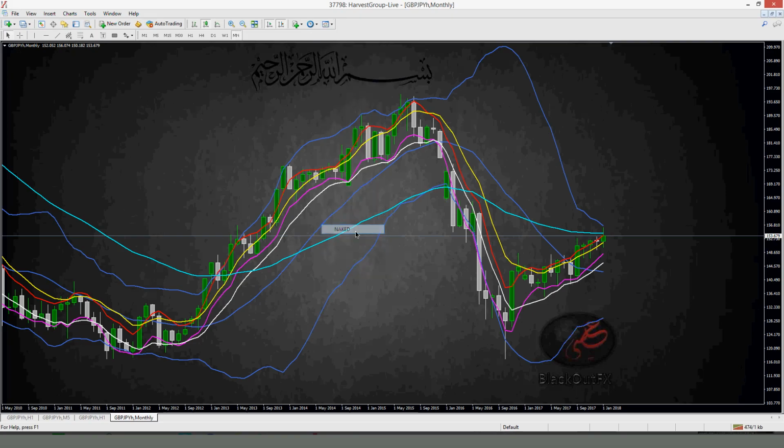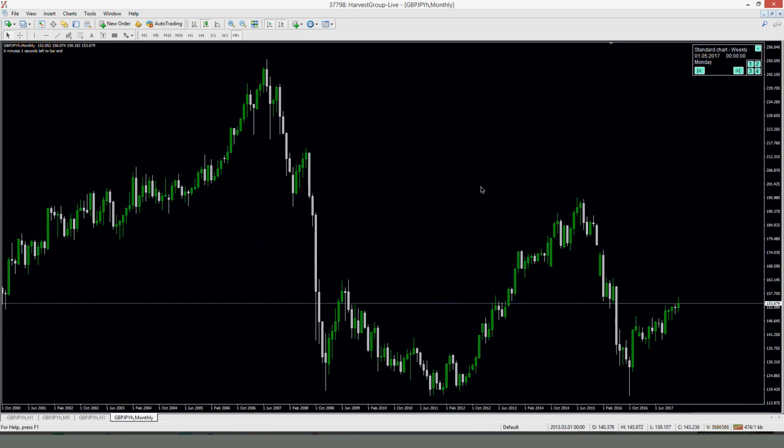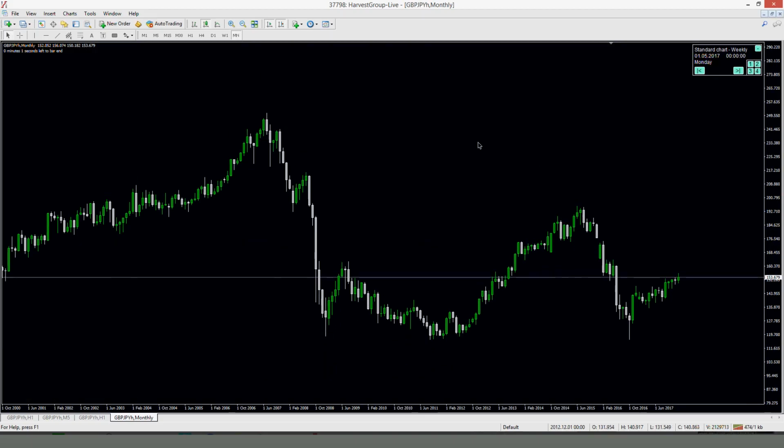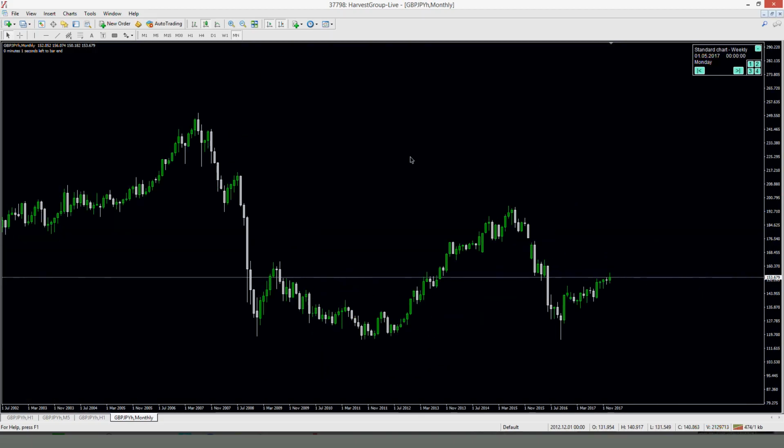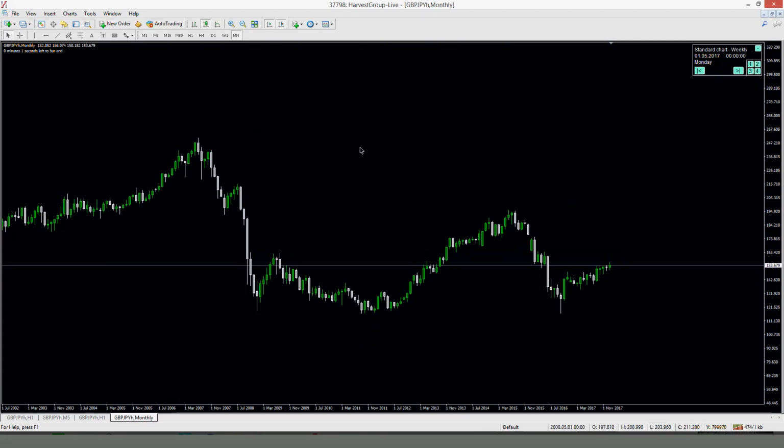Okay. So what I usually do is I like to look at the chart with just the candlesticks. So at least it gives me a rough idea where the market is trying to go. Because if you have the BBMA settings, there's a lot of stuff happening inside BBMA.